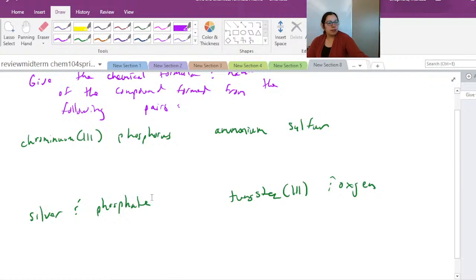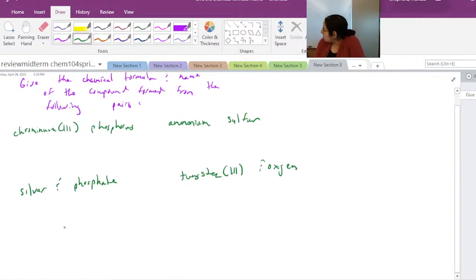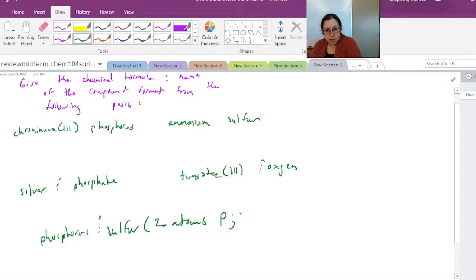And then we'll do one covalent one. So again, this is how it will be worded. So you have phosphorus and sulfur. And again, for covalent, we have to tell you, so 2 atoms of phosphorus, 3 of sulfur. So what would that make? Write the formula and name it.